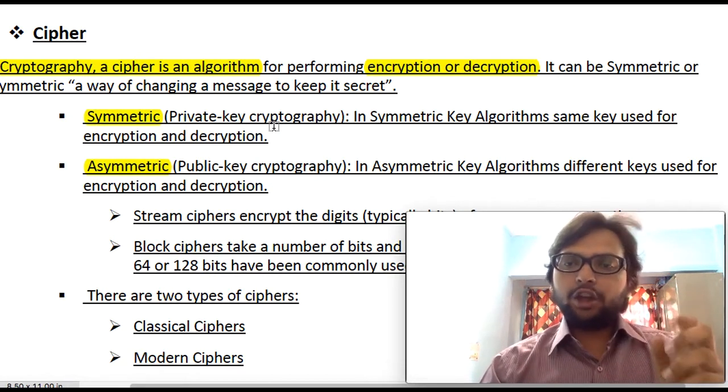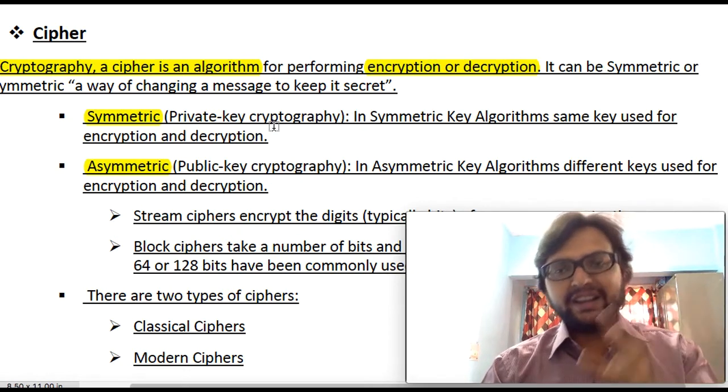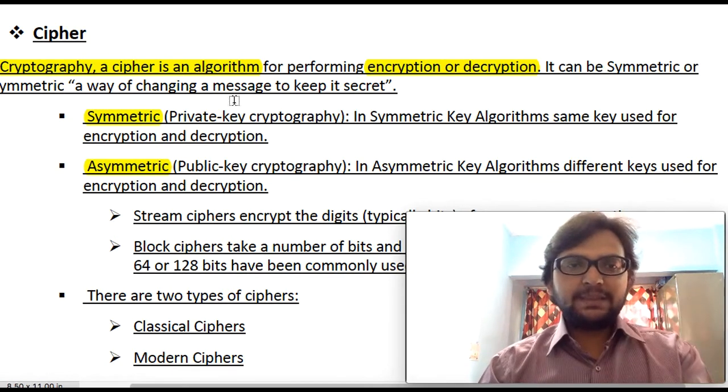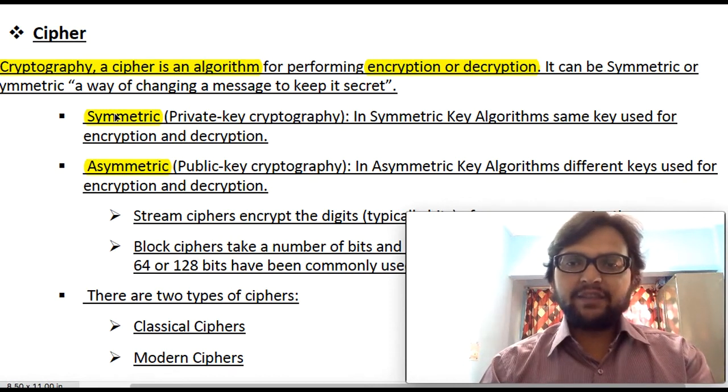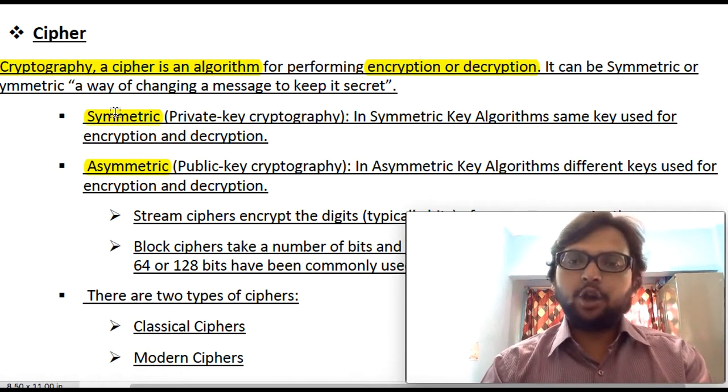Locking means converting it into non-readable format, and unlocking means converting it from non-readable format into readable format. So in the symmetric pattern, we use the same key for encryption as well as for decryption, or for locking as well as for unlocking.